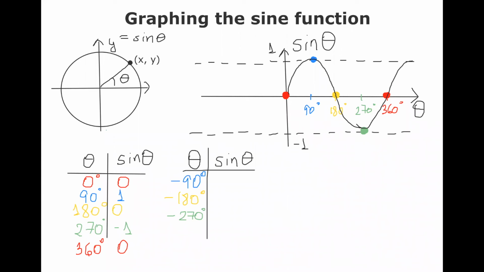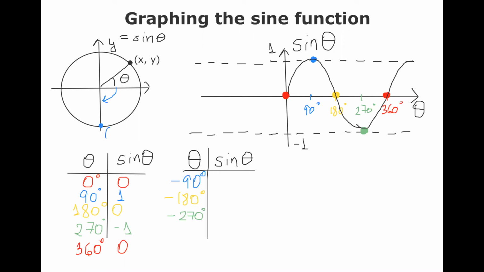If we go backwards, it's the same thing as going clockwise on our unit circle, right? So the first thing that we would do is -90 degrees. -90 degrees, you go clockwise. We end up with a point down here.